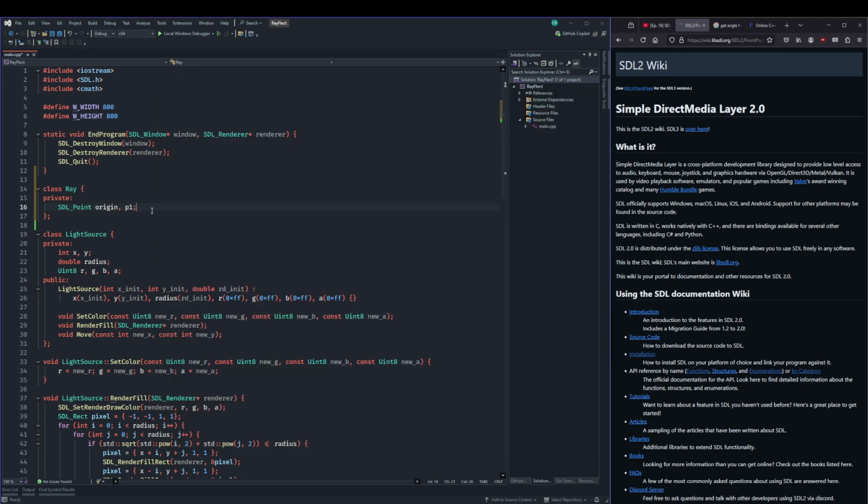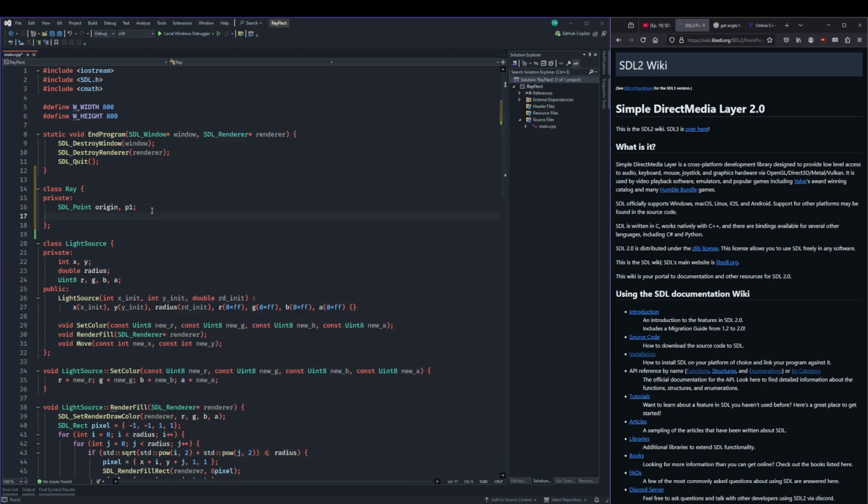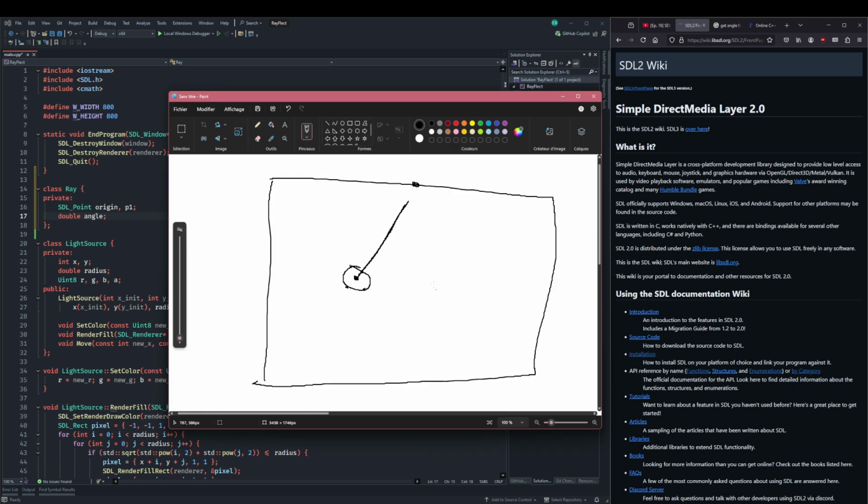Right. Now it's also going to have an angle. I'll explain some more later. It's the same angle that I talked about here, this angle, but it's not the user that's going to set the value of the angle. It's going to be the class itself, when it's created, and when one of the points starts moving.